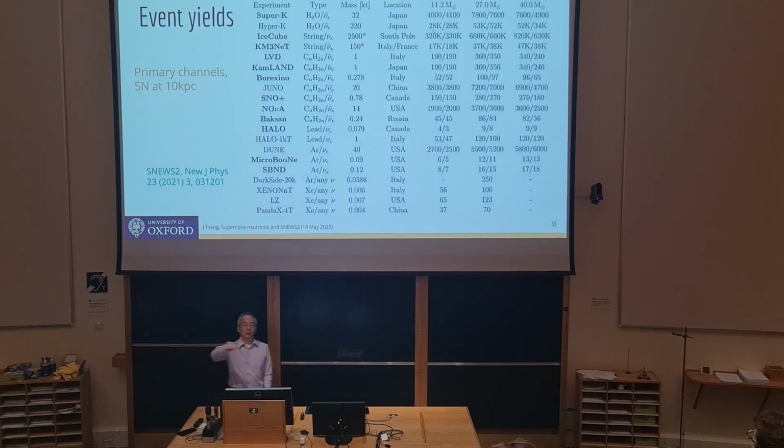Take that with a grain of salt, their background rate is also astronomical. So in terms of statistical power, they're actually about half of Super-K. Anyway, potentially much more data the next time we have a galactic supernova. Hopefully a galactic supernova will happen while these detectors are on. We'll have to see.